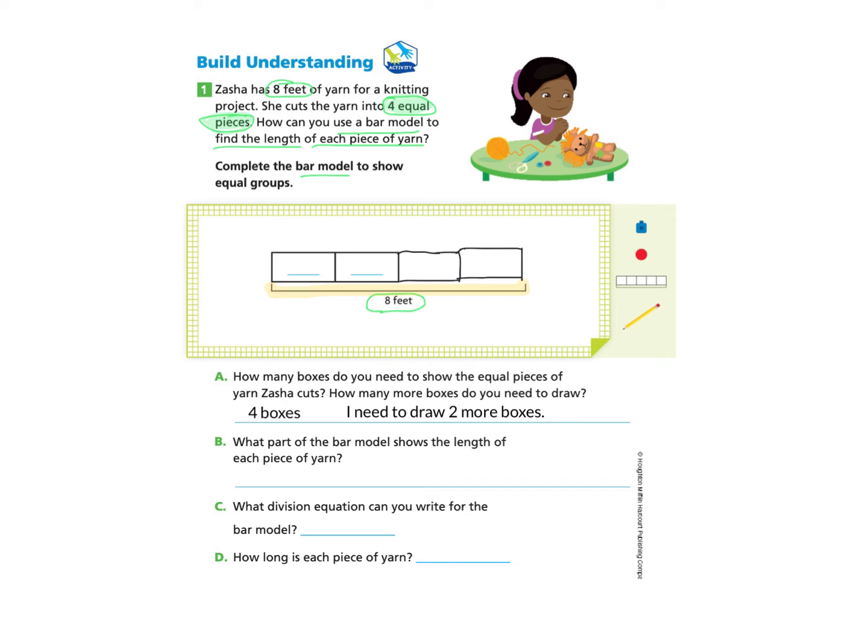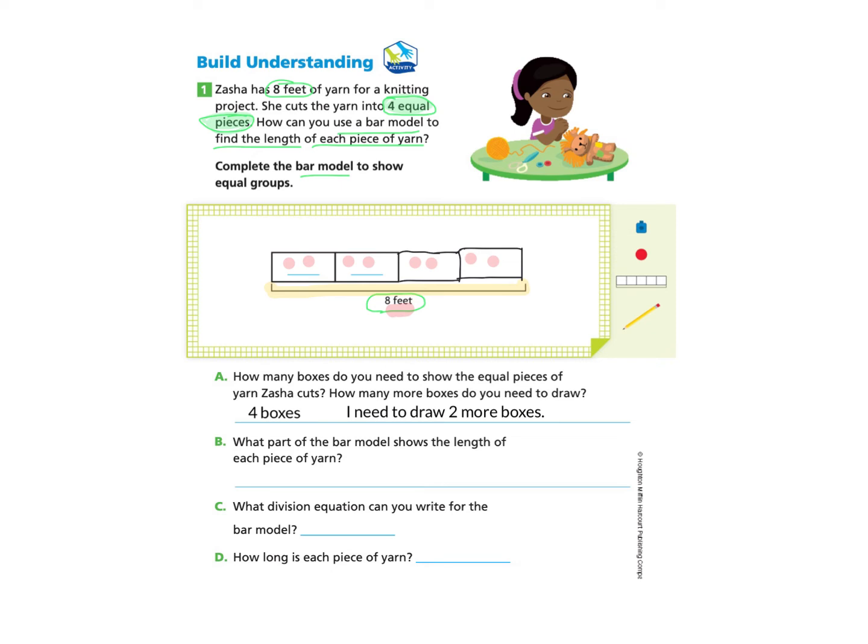Okay, so now I know that there are 4 sections, 4 boxes that I will need to put the 8 feet of yarn. So I can put equal groups, 1, 2, 3, 4, 5, 6, 7, 8, and that means I've used all of the yarn, and I found that each equal piece is actually 2 feet, which is right here.